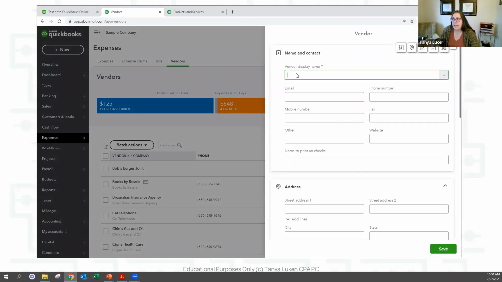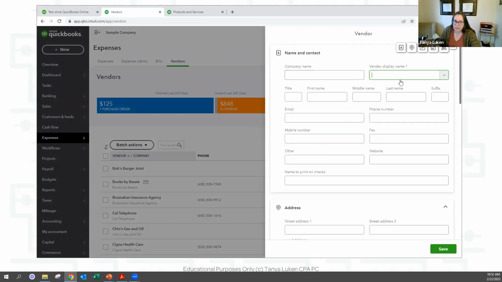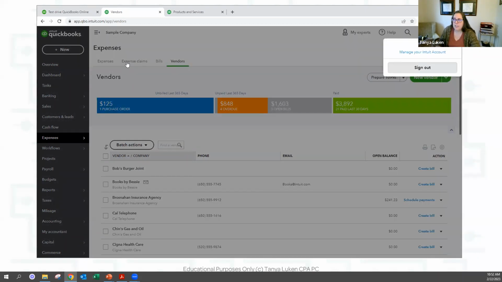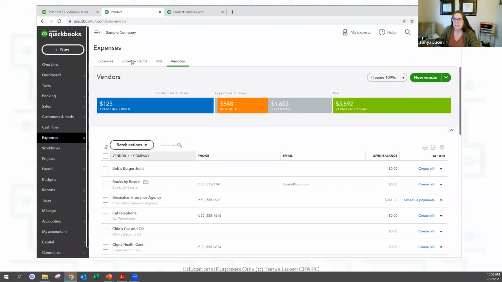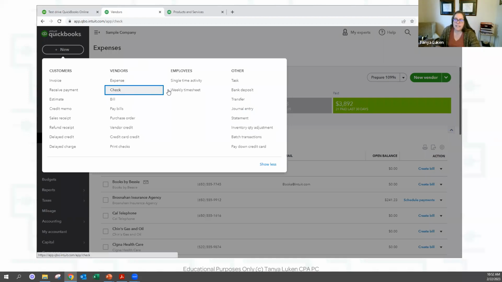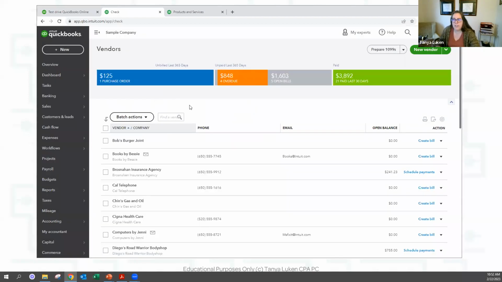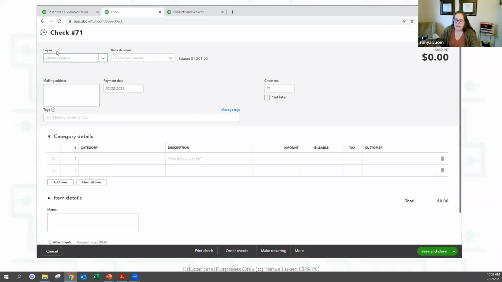You can type the name of the vendor here, but I also want to tell you there's a shortcut when you're doing a transaction. We're going to talk about this in a minute, but if I needed to write a check to a new vendor, I would go under check and I could start typing Barbara Gordon, that's her right there, my office mate, curled up in the blanket.